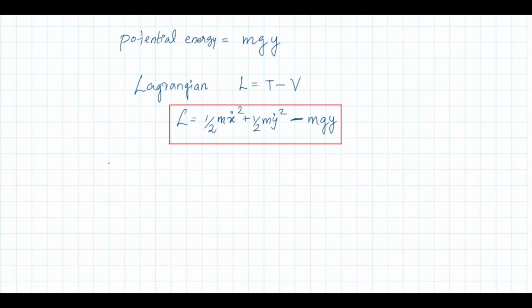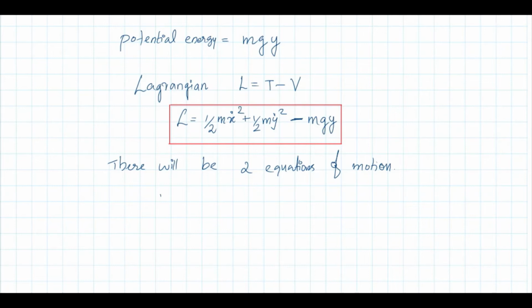The most important point is there will be two equations of motion, since there are two generalized coordinates. Number of equations of motion is equal to number of generalized coordinates. In the last two examples, there was only one generalized coordinate, so the equation of motion was also 1.